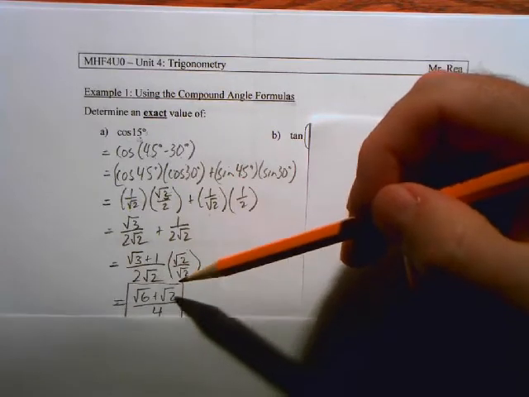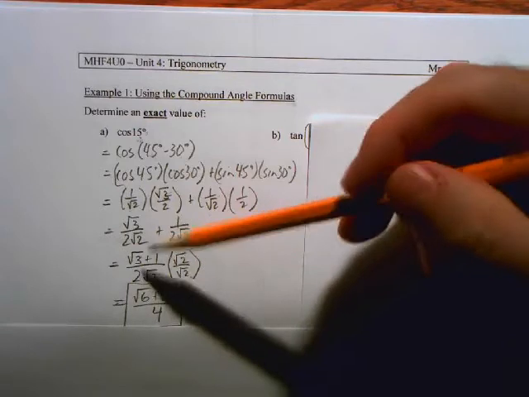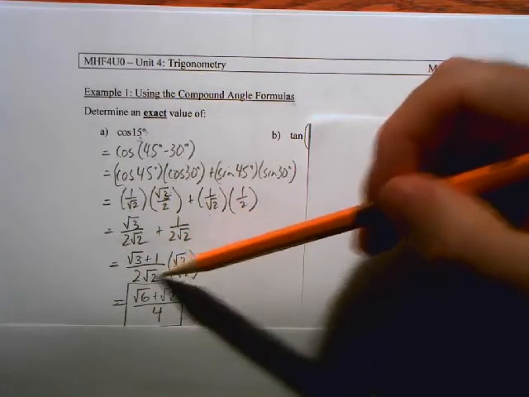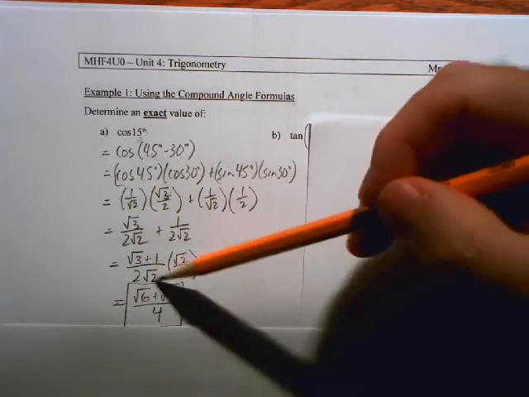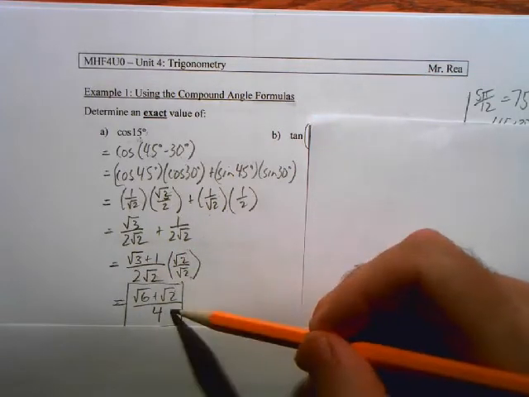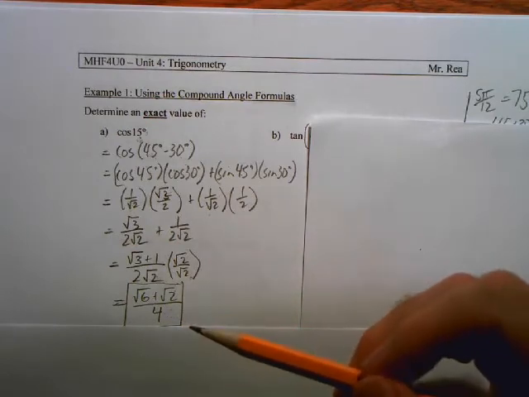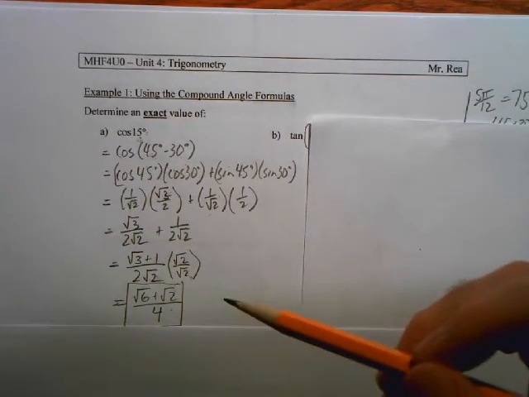But you can see when I multiply this time, it's going to be root 6 plus root 2 over the root 2 times root 2. That just works out to be 2. 2 times 2 is 4. So this is an exact value. And we couldn't do this before on the unit circle because we didn't have a special angle for 15.